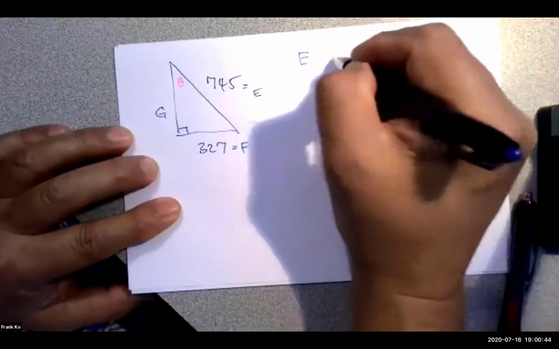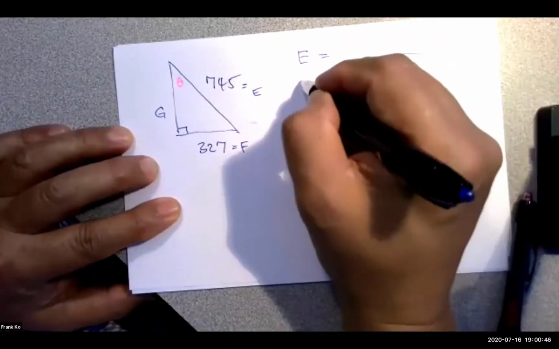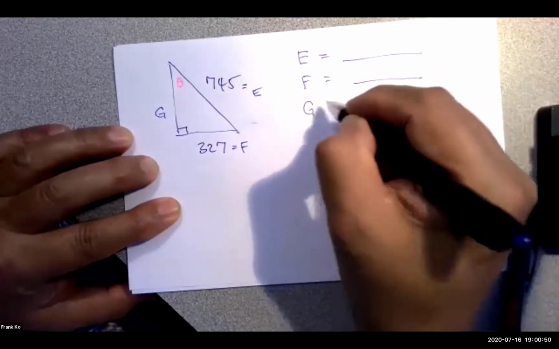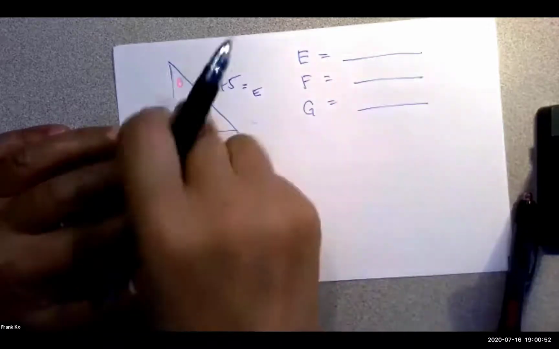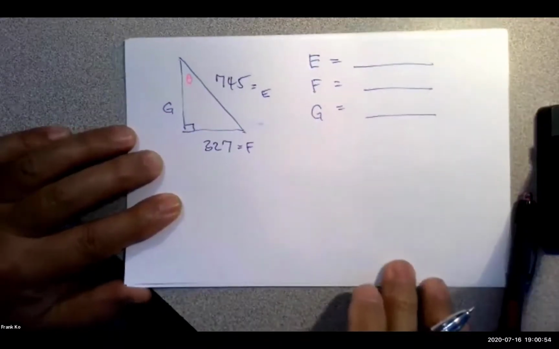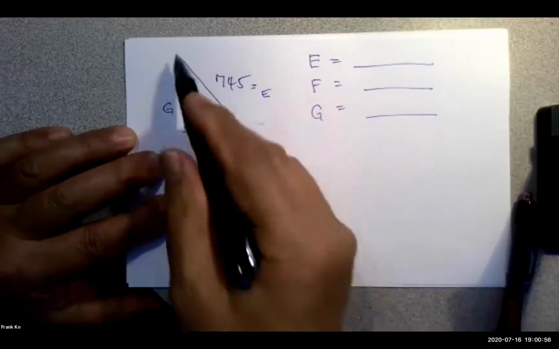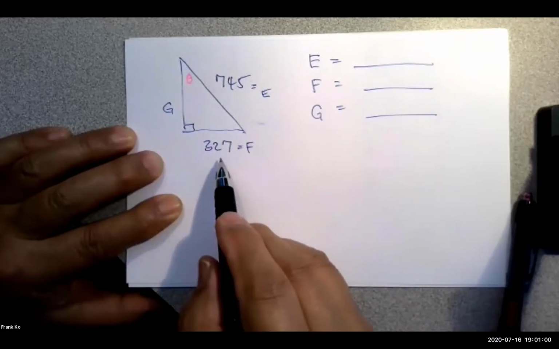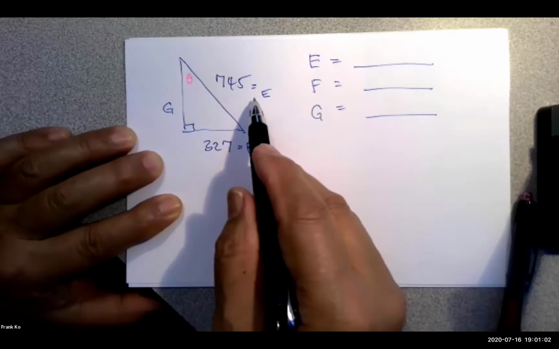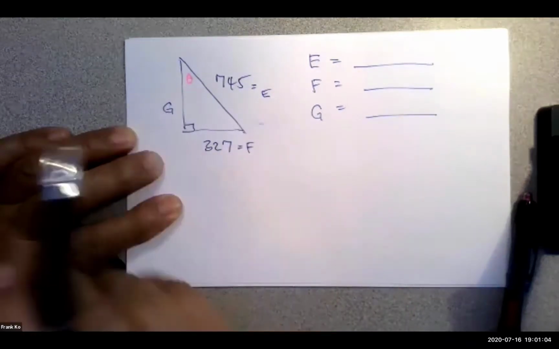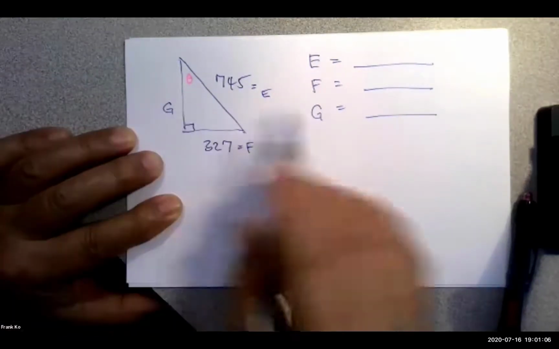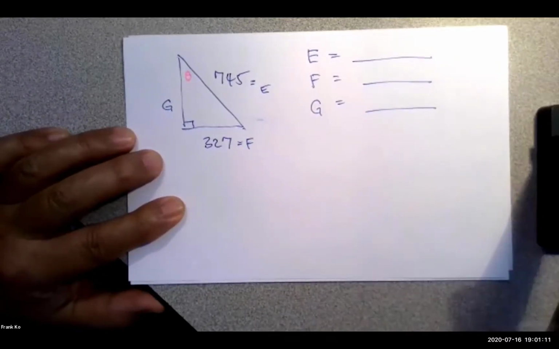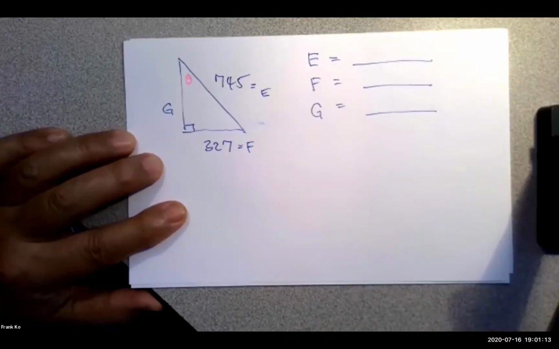I am looking for the name of each side for this particular triangle. So copy it down. This side is G. This side is F. This side is E. We can calculate the length of this easy. That's not an issue. We want to practice our sine, cosines, and tangents. So that means we have to name these sides.